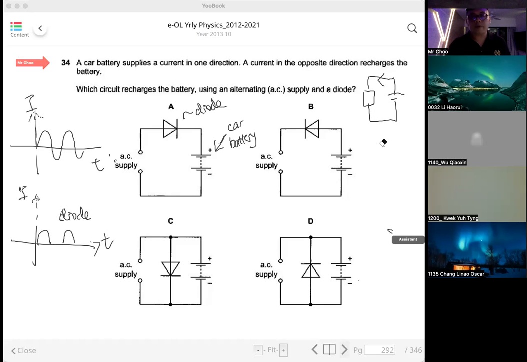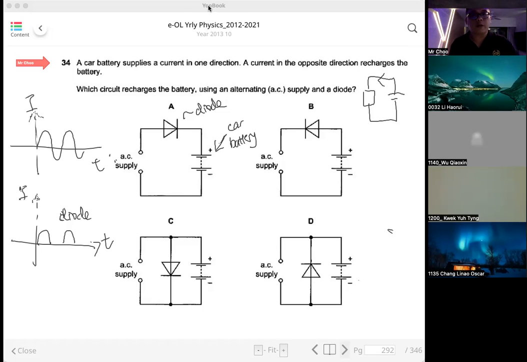If you have a car battery where the plus is on top and the minus is below, the car battery provides the current in one direction, it will move this way and supply the current to the motor to run. The question now is, you need the current to move in the opposite direction to charge the battery. So you need the current to flow which way?